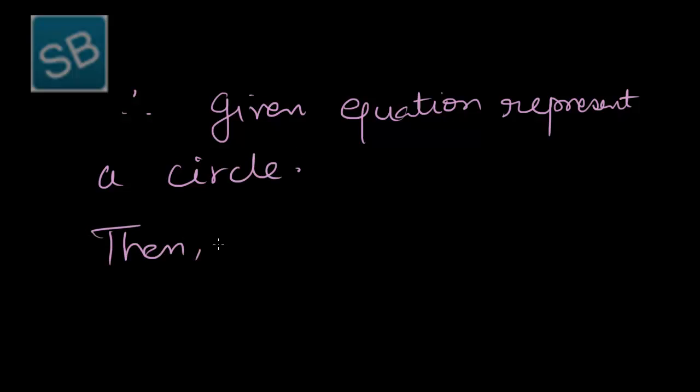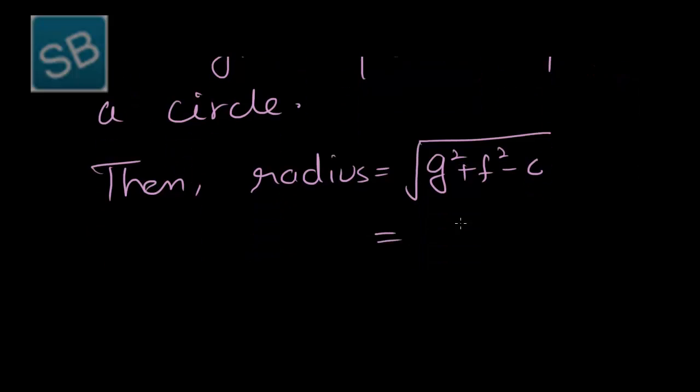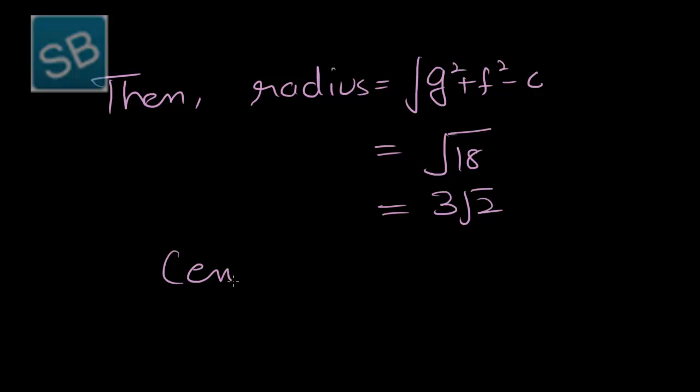Then radius is equal to under root g square plus f square minus c, that is under root 18, that is 3 into 3 into 2, that is 3 under root 2, and center is minus g, minus f.